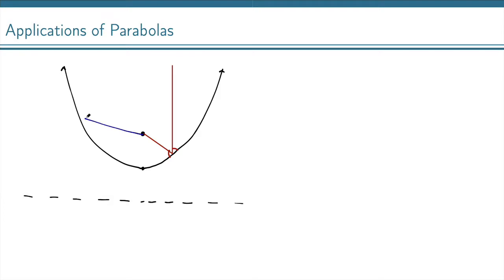Let me go ahead and do another one. Right there, it comes and it bounces off straight out, which is a very powerful application of parabolas. Parabolic shapes are often used for satellites, because if you think of a satellite, you've got a dish, and generally there's this thing that comes out, and there's a receiver right there.